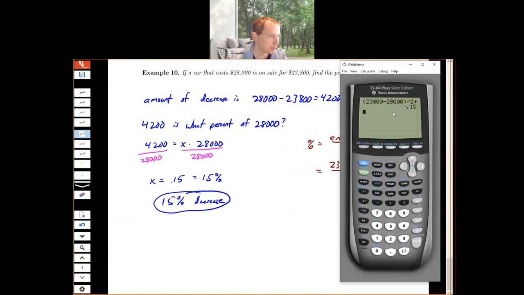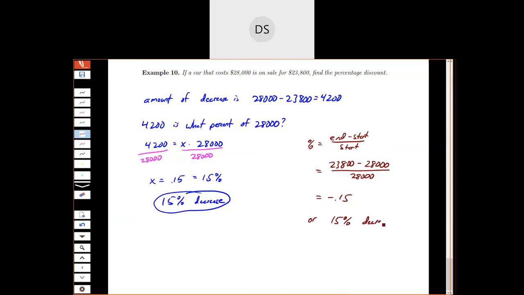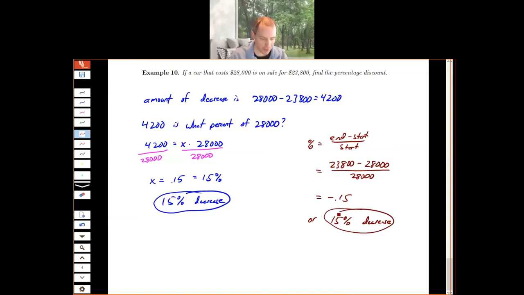But I still get the right number. I still get that 0.15. So here we get negative 0.15. So I have a negative increase, which is a decrease. Okay, so it's just another way to go about the same thing. All right, any questions?